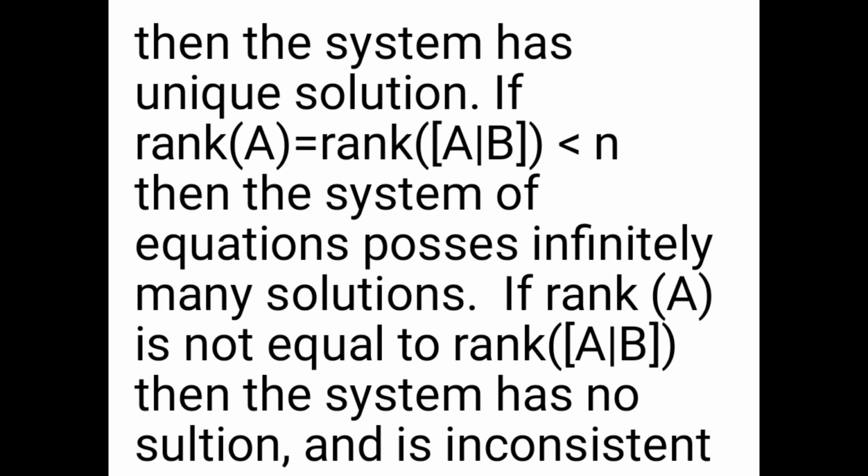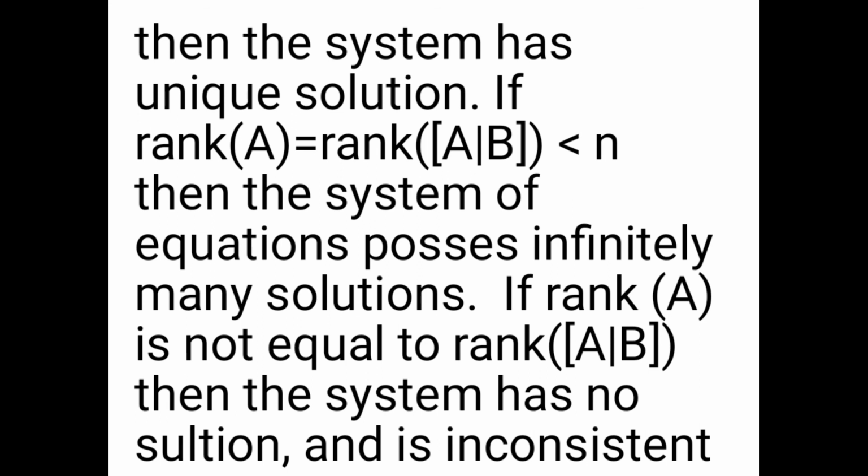And if rank of A is equal to rank of AB, but this common rank is less than n, then the system has infinitely many solutions. Here n denotes the number of unknowns.